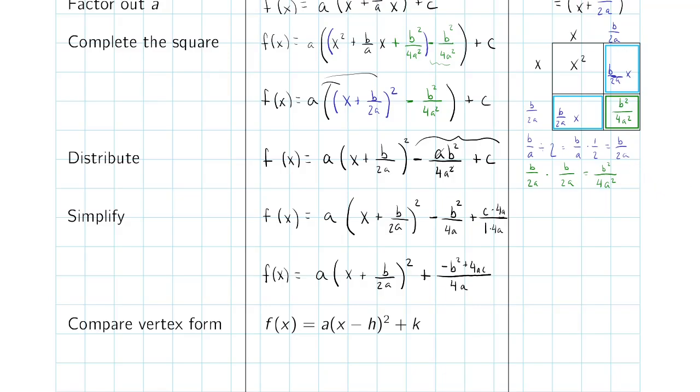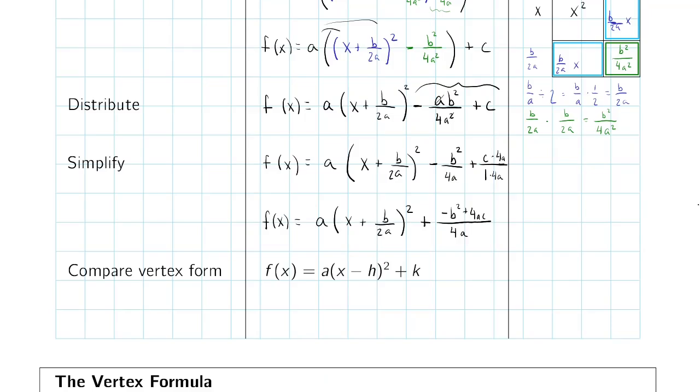Okay, so that is the vertex form, right? We have x plus something squared multiplied by a plus something else, which means to figure out h and k, we need to look at this, and we need to look at this.